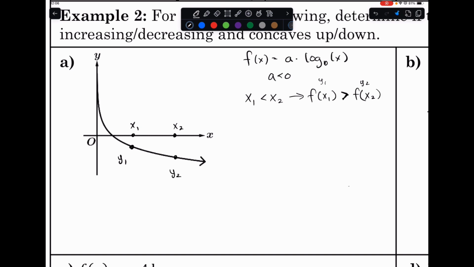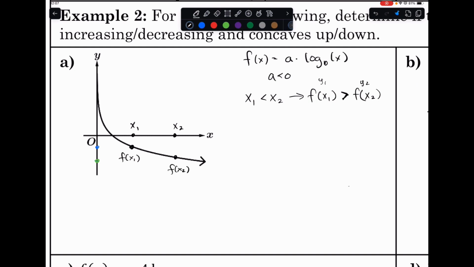Notice that y1 has a higher y value than y2. Obviously, this point up here in blue is higher than this point down there in green. And then instead of using the notation of y1 and y2, the definition uses the notation of f of x1 as y1 and f of x2 as y2.